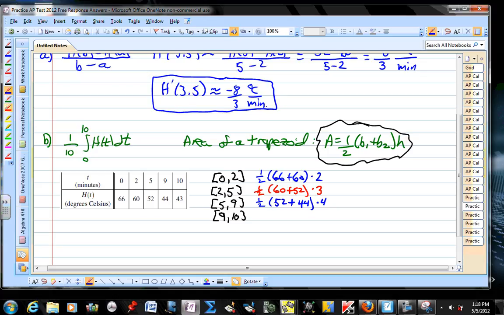And then last but not least, from t equals 9 to t equals 10, we'll have 1/2 times 44 plus 43 times, that height is going to be 1.